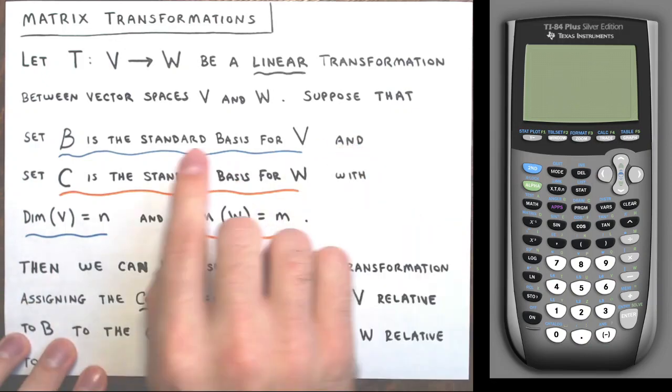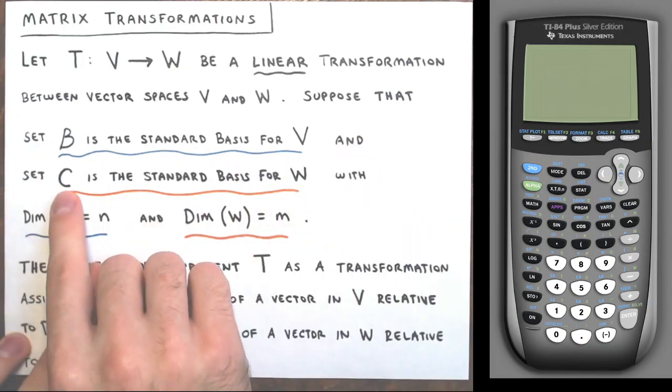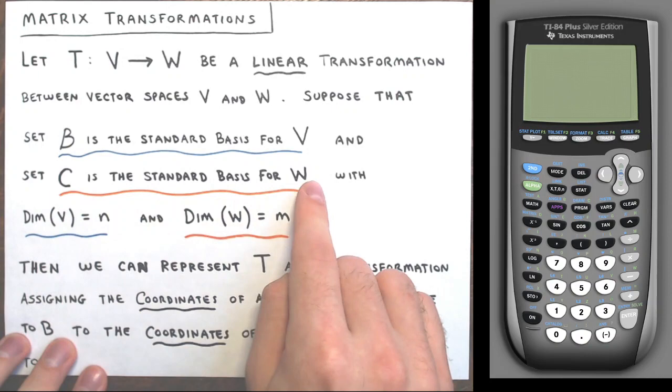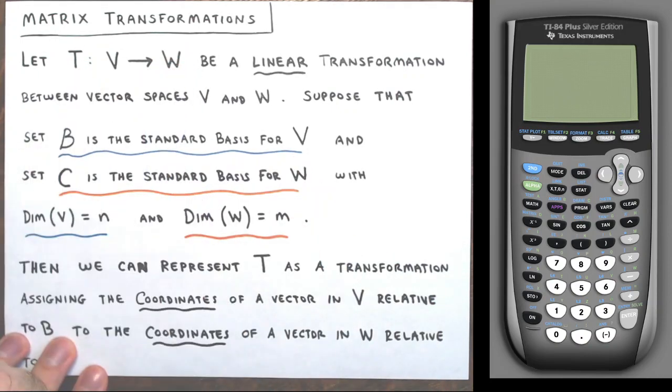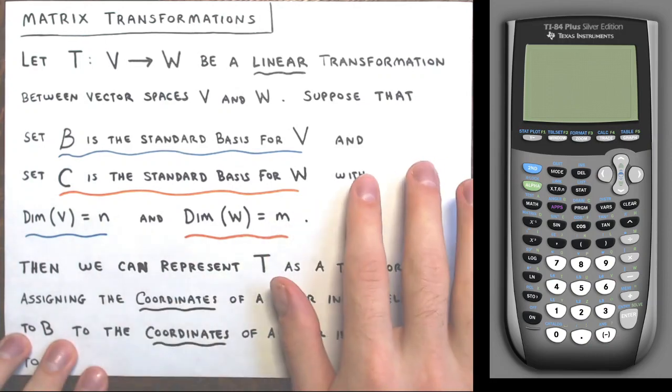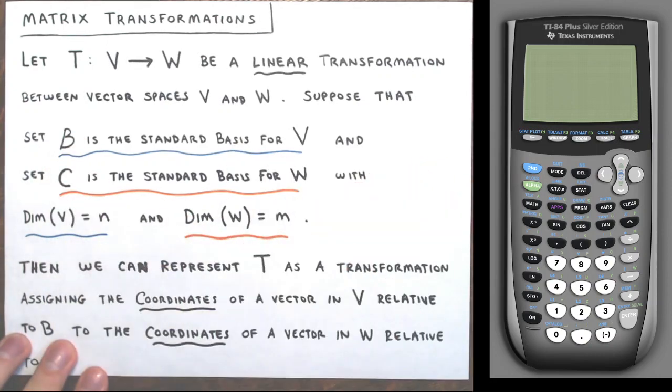And suppose set C is the standard basis for vector space W, because again, these might not be the same vector space. If you know a basis for each of these, then you know their dimension for the vector spaces.